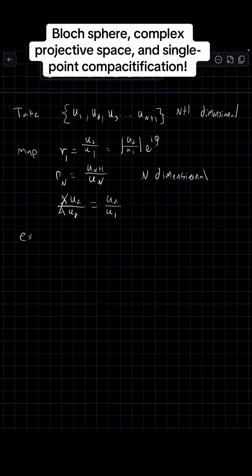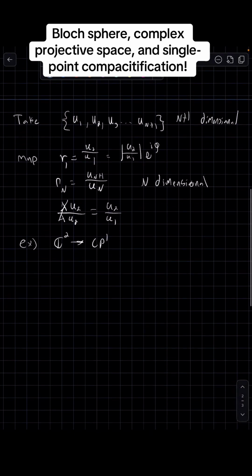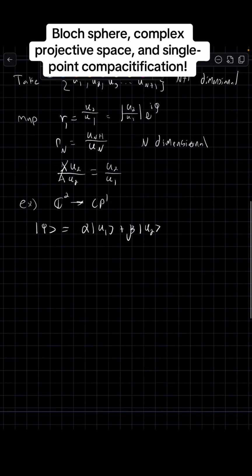So now let's take, for example, C2 to CP1, where we have our psi equals alpha u1 plus beta u2, which means we can call R equals alpha over beta, or alpha over beta e to the i phi, where we can find the argument, but we don't have to do that right now.